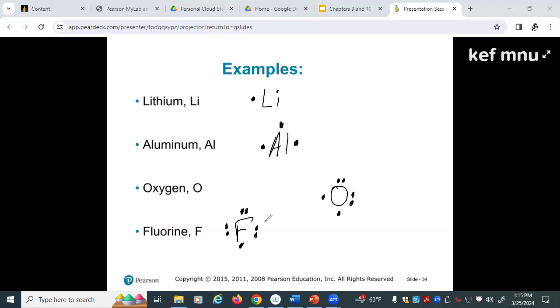Location and orientation don't matter so much. What matters is that I have 3 sets of pairs and 1 unpaired dot. That is the correct symbol for fluorine. Whether that single dot is top, bottom, left, or right, really doesn't matter. All right, questions so far?